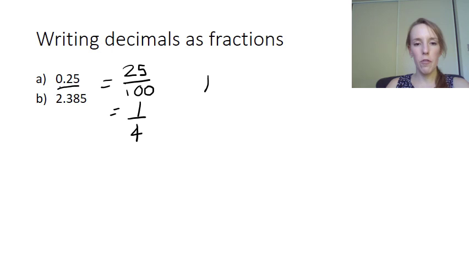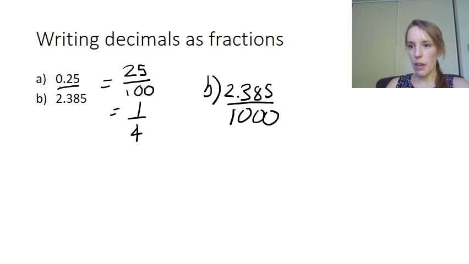For our second one, for B, we've got 2.385. We can count how many we've got. 1, 2, 3, 4. So that will be in the thousands. And we'll get rid of the point here and do 2,385 divided by 1,000.